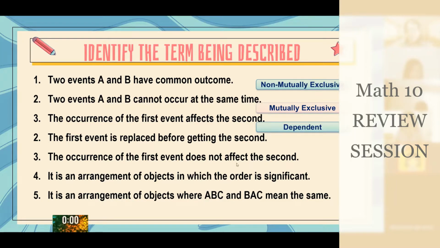Nawala siya. Okay. Who did I call? Maple, number 2. If the first event is replaced before getting the second, what kind of event? Dependent or independent? So you have 2 choices lang.